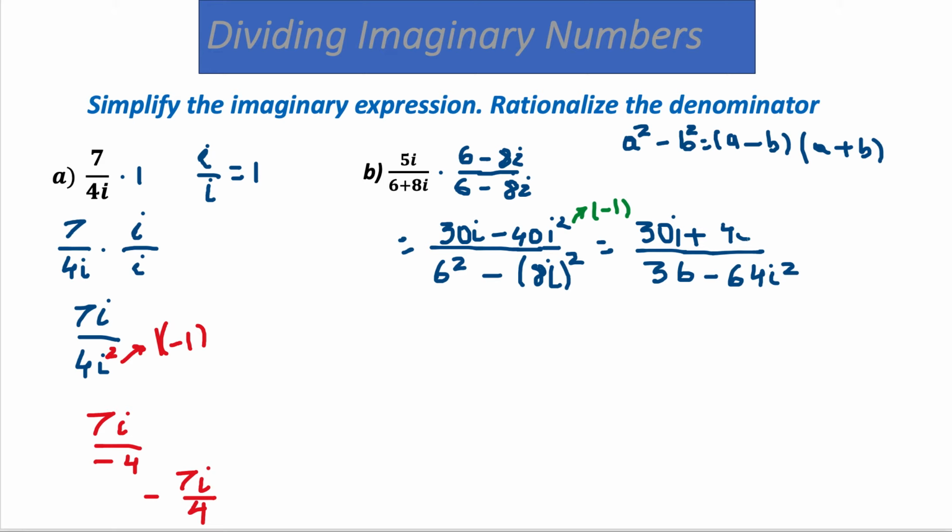But now I will write the top in the standard form, in the form a plus bi. If I write in the standard form, I can write this as 40 plus 30i.